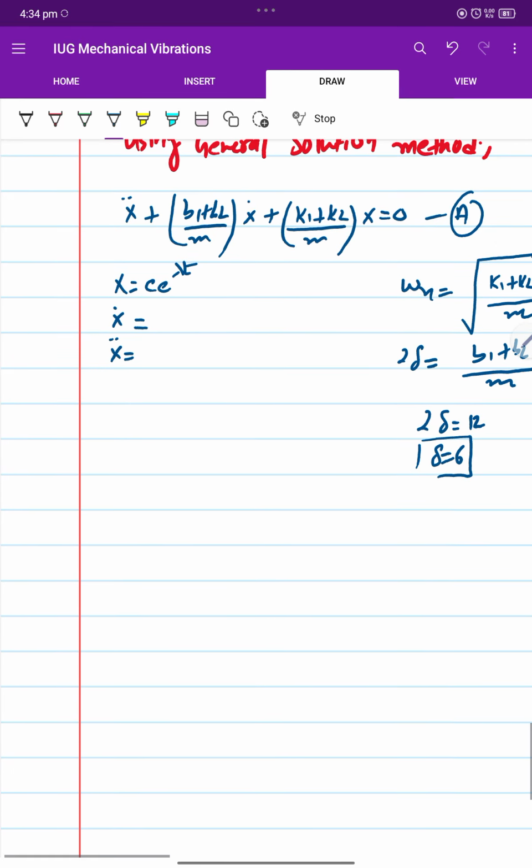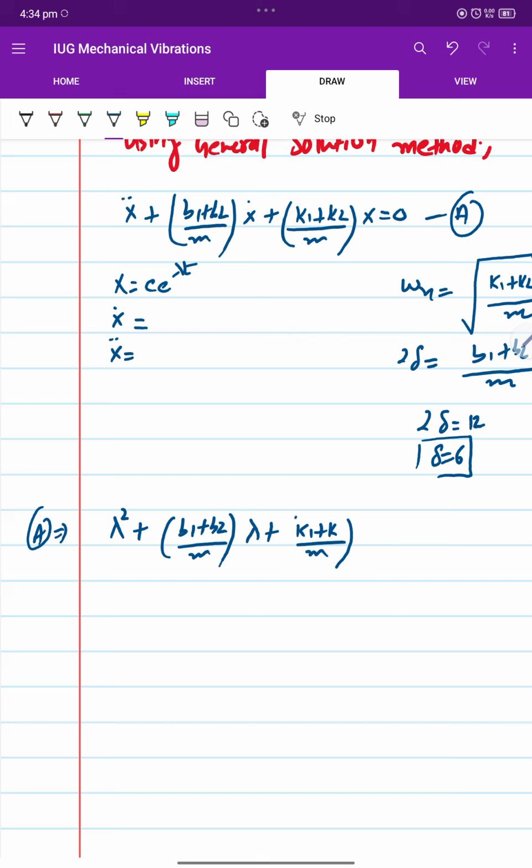What you will get at the end is that equation a becomes lambda squared plus (b1 plus b2) divided by m into lambda plus (k1 plus k2) divided by m equals 0. So now our differential equation has been converted into an algebraic equation using this general solution method.